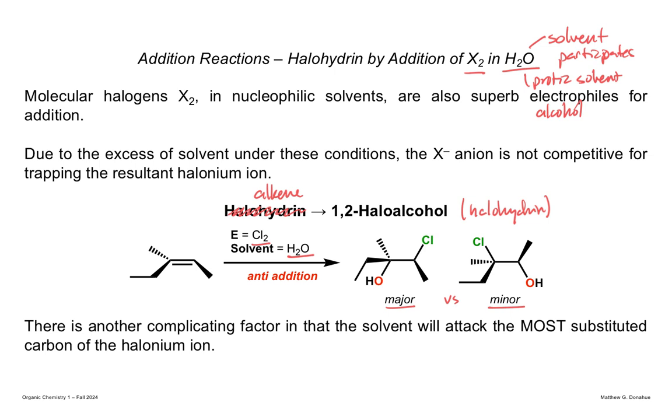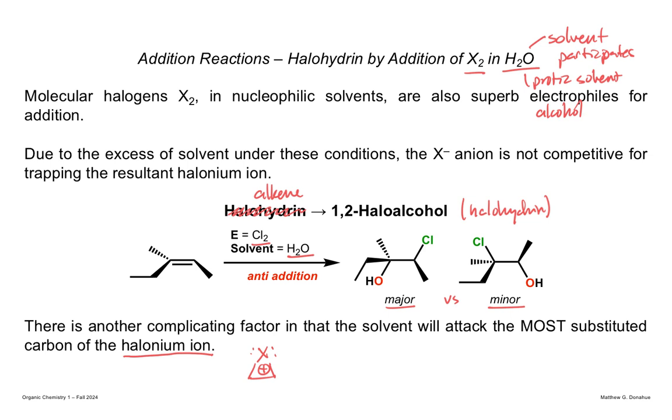The reason for that is the mechanism proceeds through that halonium ion, the three-centered intermediate that has the positive charge on the halogen. The electrophile interfaces with the alkene and you form that intermediate.